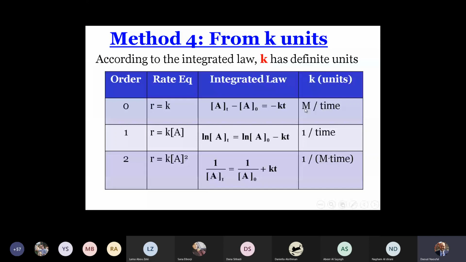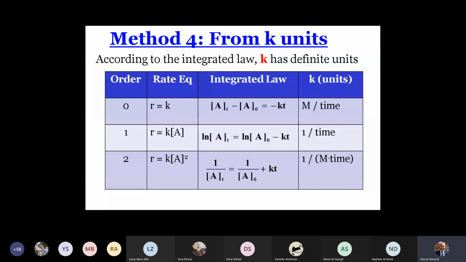For reaction of order 2, the integrated rate law justified is 1 over At equals 1 over A0 plus kt. So the unit of k is 1 over concentration per time, so 1 over molar per time. If the unit of k is M minus 1, time minus 1, this relation is justified and the reaction is of second order.